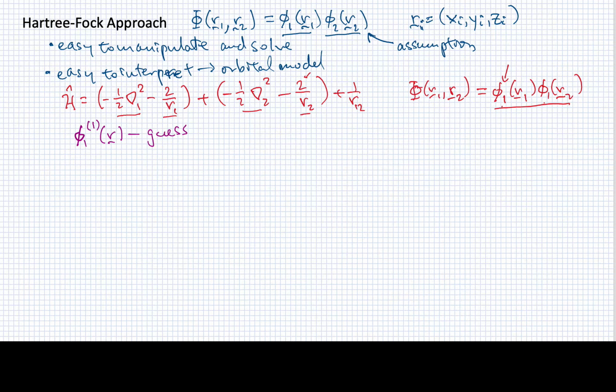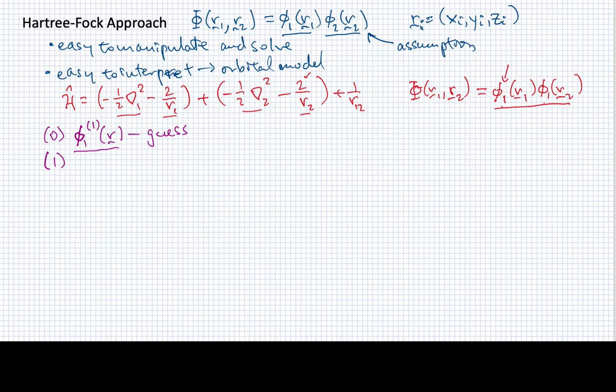It could be a hydrogen atom orbital, but it's something that we think is going to be a good solution for the problem. Now we take this guess, and I'm going to call this step 0 because it's really before we get started. We're going to use it to calculate what the other electron would feel if one of the electrons was in this orbital or this state.